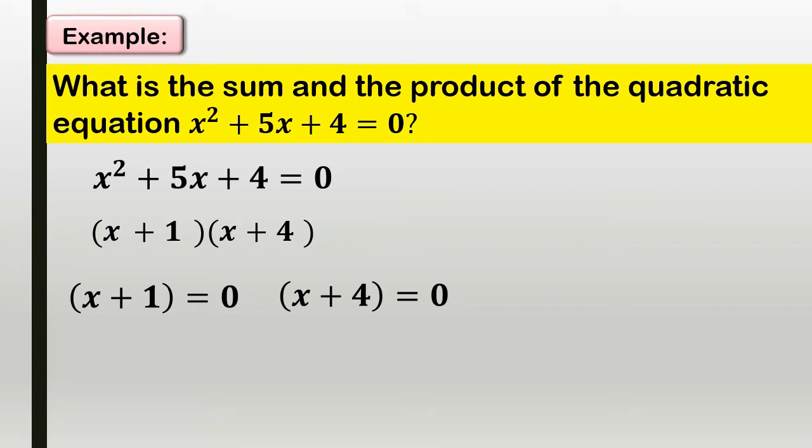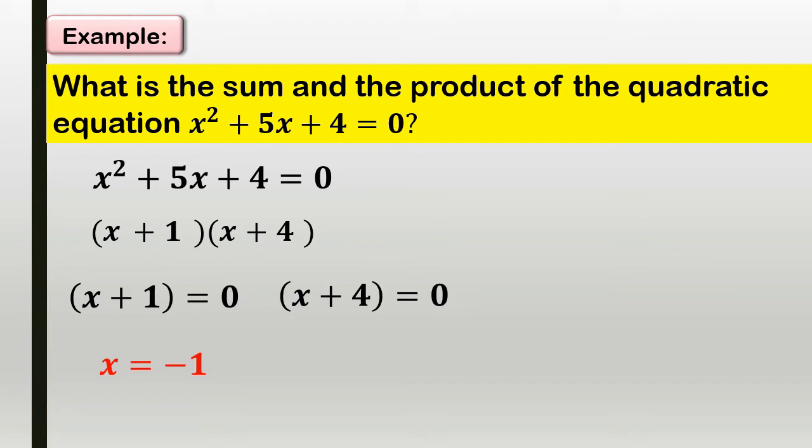So, kapag nilipat natin si 1 sa kabilang side ng equation, ang ating positive ay magiging negative. So, therefore, we have here x will become equal to negative 1. So, nung nilipat natin si 1 sa kabilang side ng equation, siya ay naging negative 1.